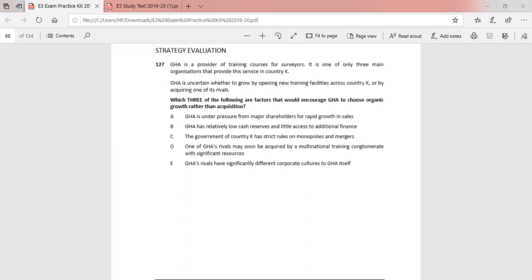Organic growth is growing gradually, incrementally, but with acquisition, when they acquire the controlling stake in another entity, they can grow at a faster pace, diversifying their activities and products. So here the comparison is between acquisition and organic growth.